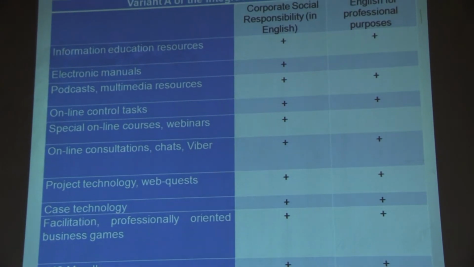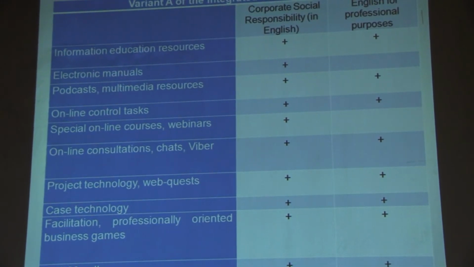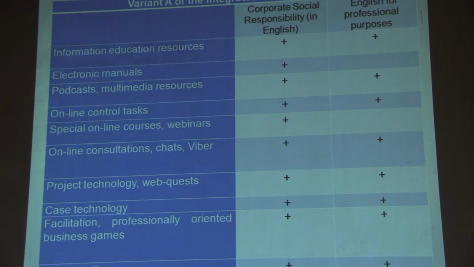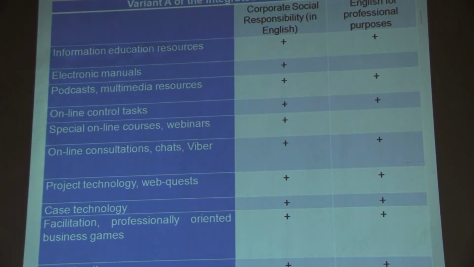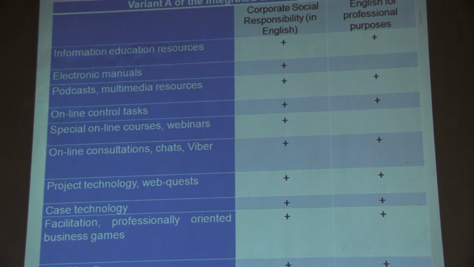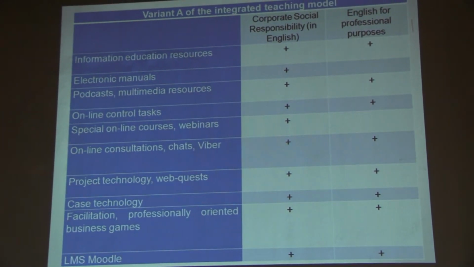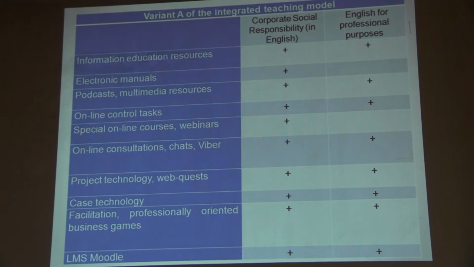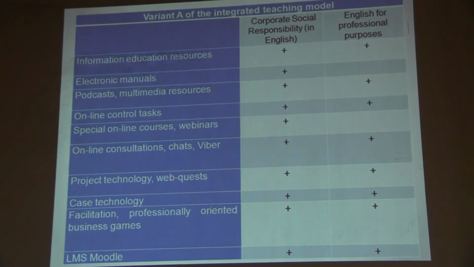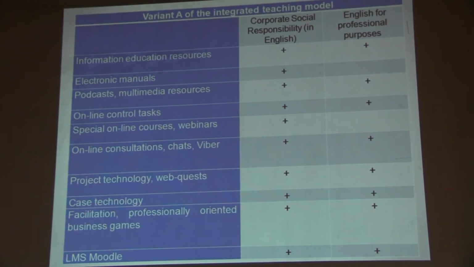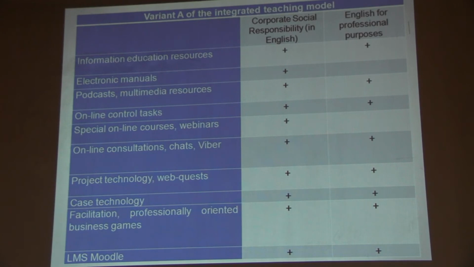This is variant A, which included most of the communicative technologies in the curriculum. You can see all of them enumerated for corporate social responsibility, including the electronic manual that we developed within our experiment, and English for professional purposes, which includes almost all of the communication technologies.